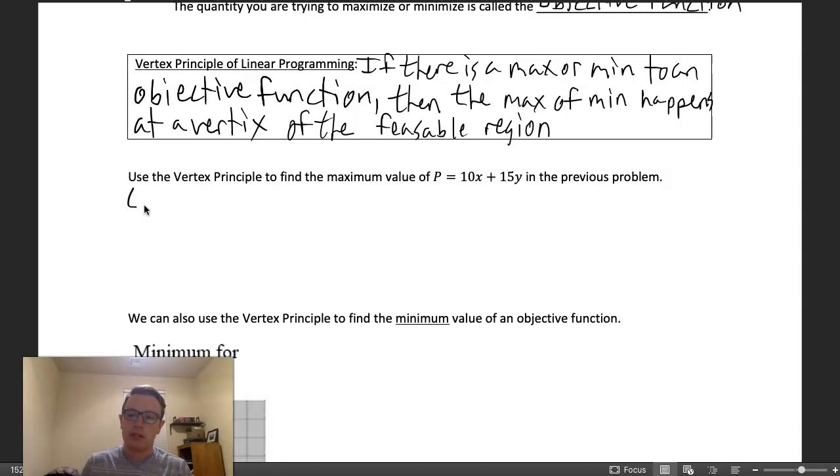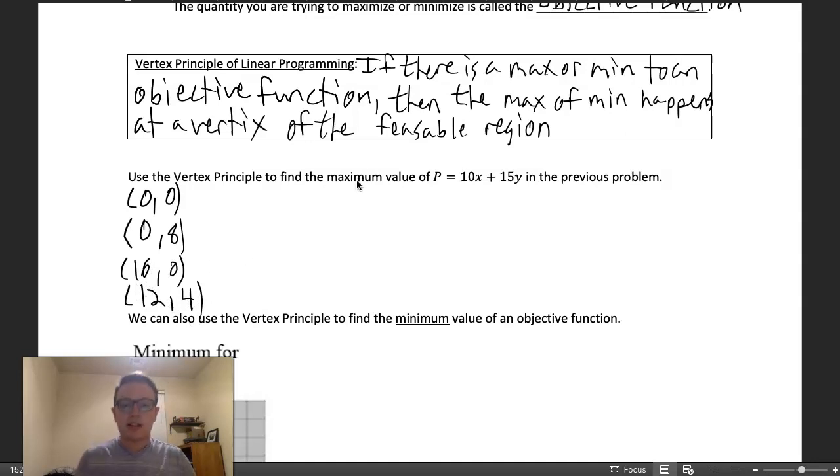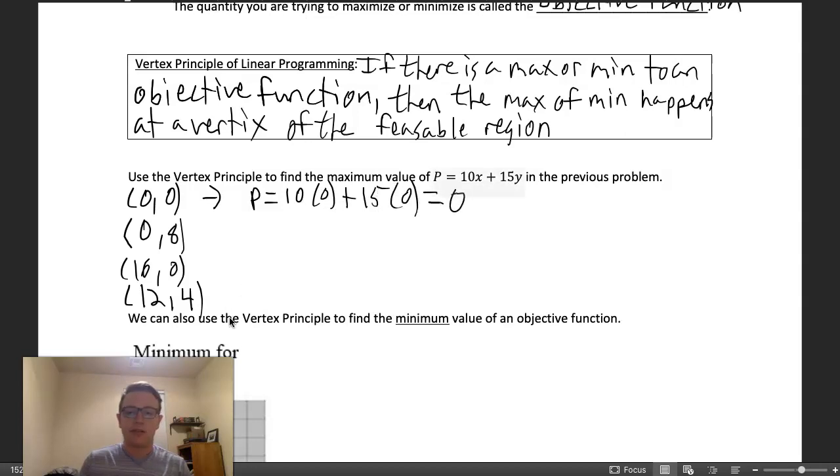We said we had a point at 0, 0. We had a point at 0, 8. We had a point at 16, 0. And we had a point at 12, 4. Now to maximize this, all we're going to do is substitute the value into p. So we're going to say p is equal to 10 times 0 plus 15 times 0, or it's equal to 0.